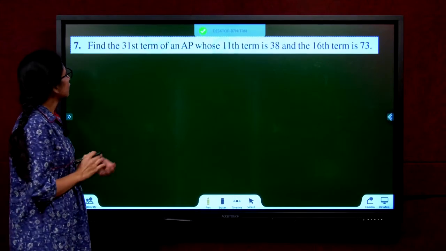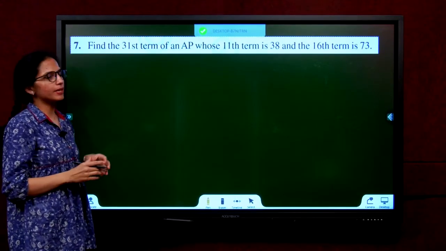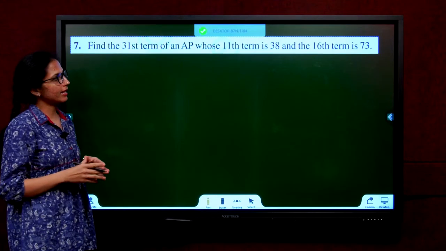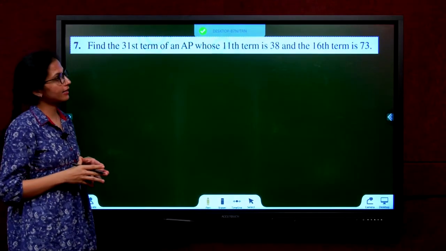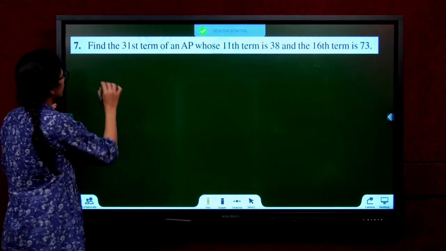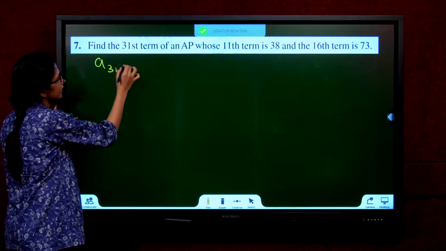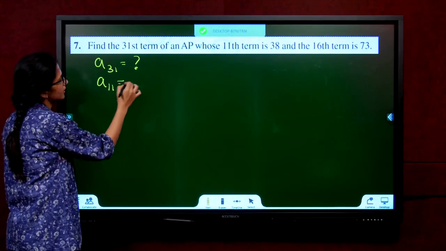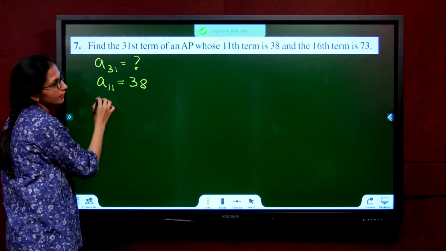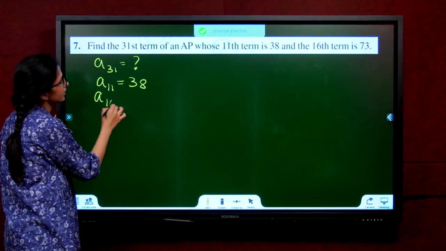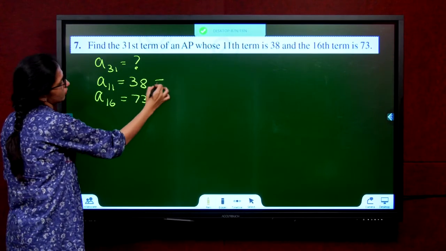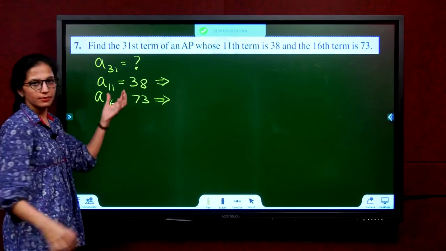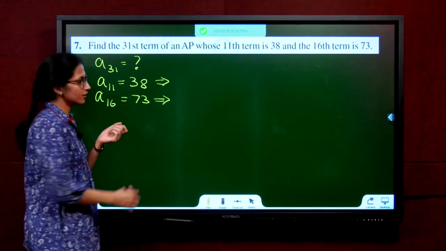Next question. Find the 31st term of an AP whose 11th term is 38 and 16th term is 73. Carefully listen, they are asking to find the 31st term. Given 11th term is 38 and 16th term is 73. We have already solved questions similar to this. A11 is what?